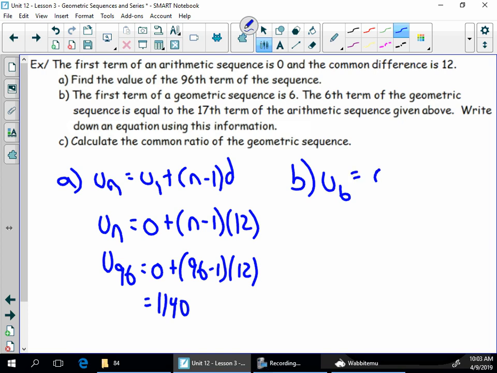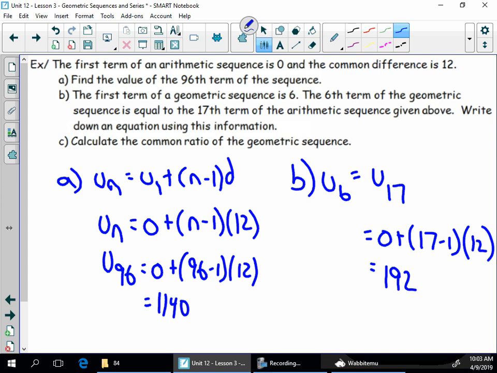Let's write it this way: u6 is actually equal to u17. u17 is 0 plus 17 minus 1 times the difference of 12. Into our calculator, 16 times 12 makes 192. Okay, so I know that u6 is 192 for the geometric one.